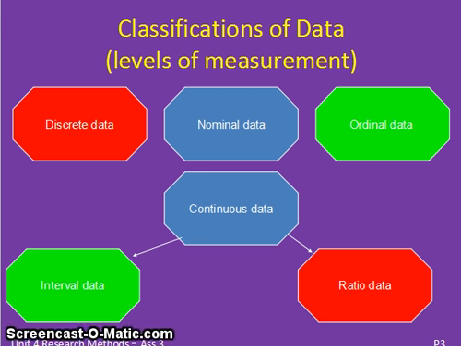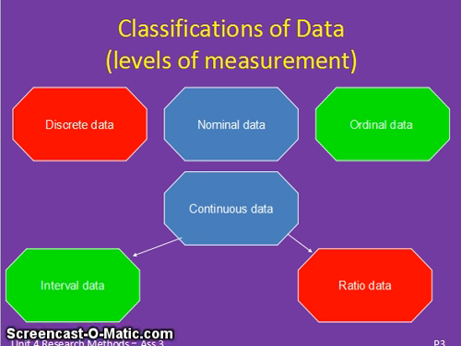For example, different sports played by college students. Ordinal data doesn't give actual values or differences in data, but puts them in order. It's rank data. For example, putting heights in order. So you don't actually know the differences between the heights, but you know that one is taller than the other.